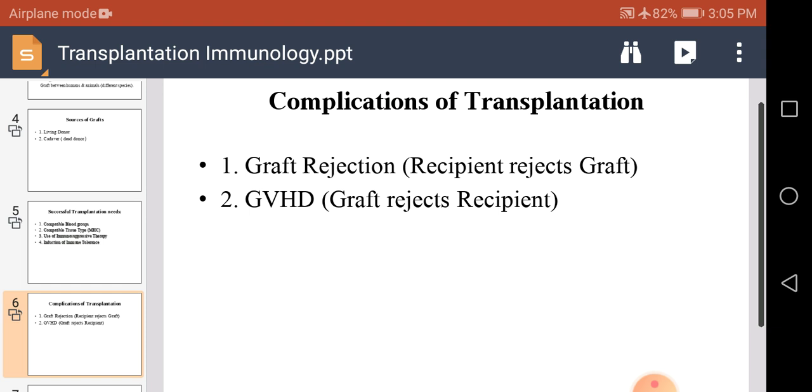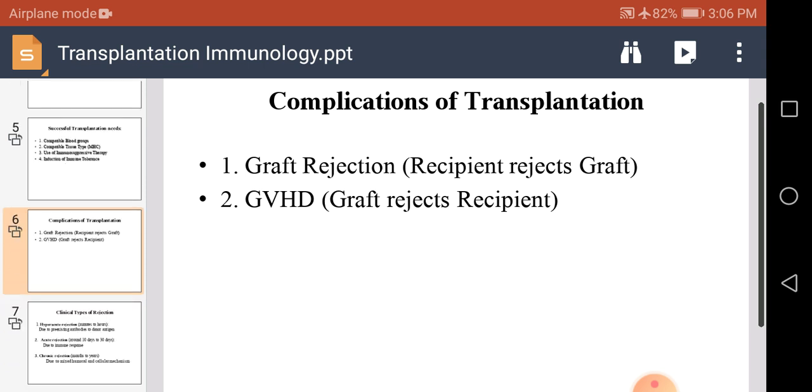In this, the graft rejects the recipient. And here, usually the recipient is severely immunosuppressed, like those who have bone marrow transplantation. So graft versus host disease is quite common among bone marrow transplant patients.